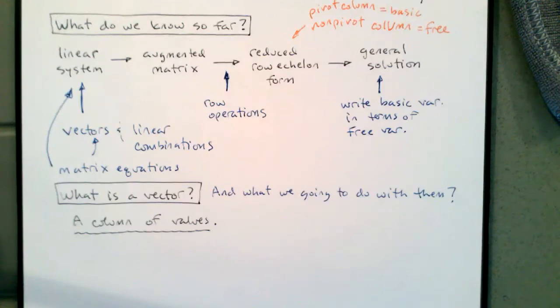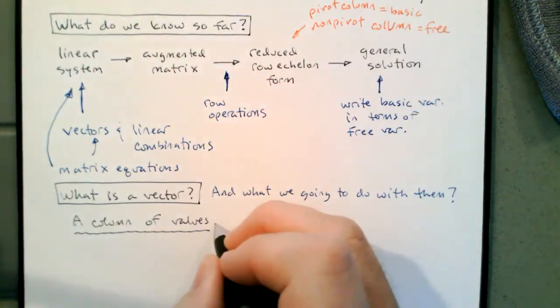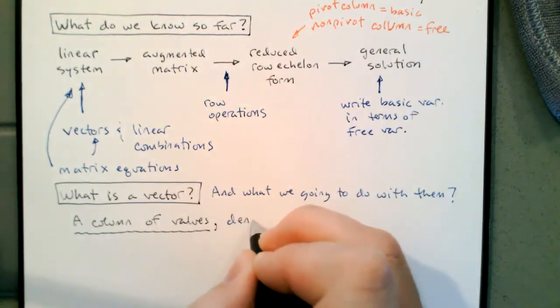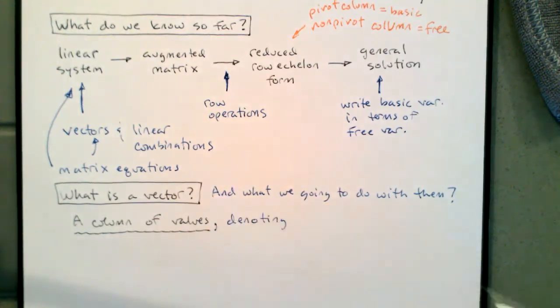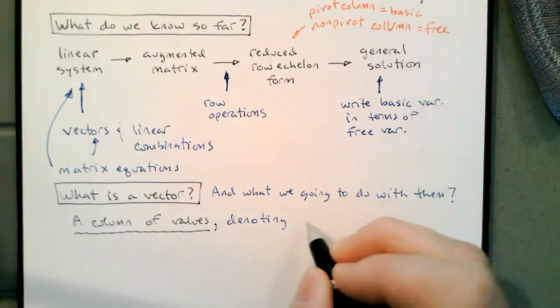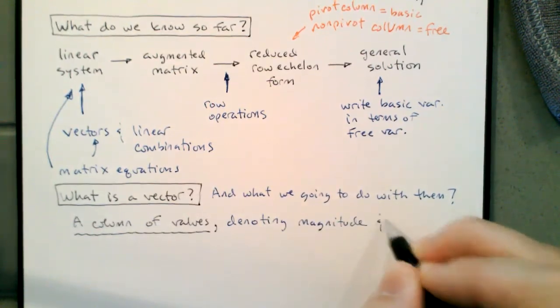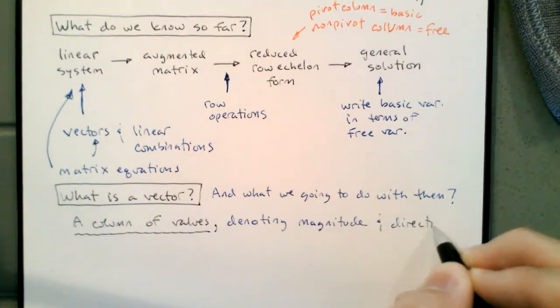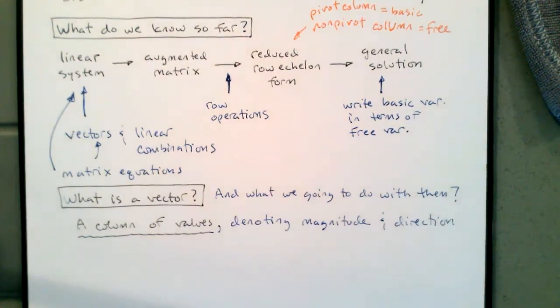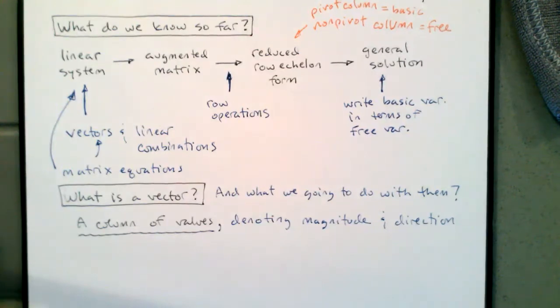It's a quantity with a magnitude and a direction. 50 miles an hour is a magnitude, due south is your direction. So that's what we need to make a vector, a magnitude and a direction. Functionally, what we're going to do with them is think of them as a column of values.